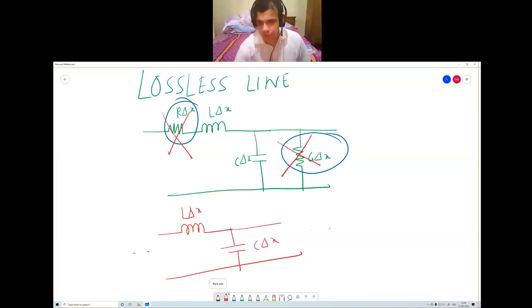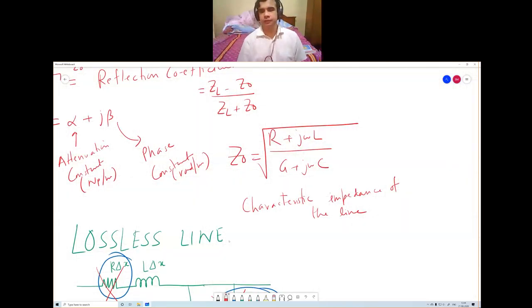So what is Z0 for a lossless line? This was Z0 for a general line. So for a lossless line, what will be the value of Z0?